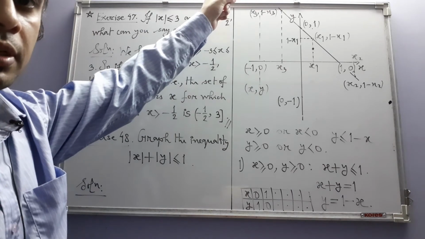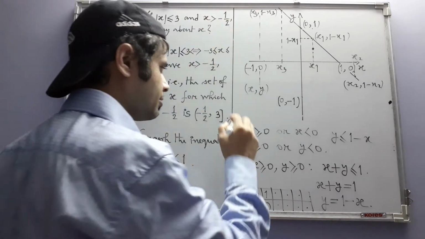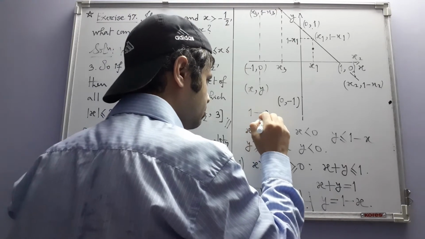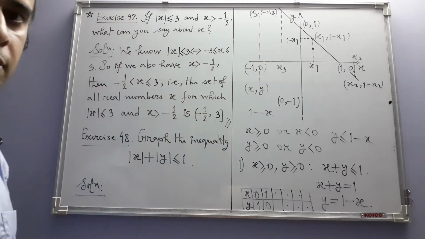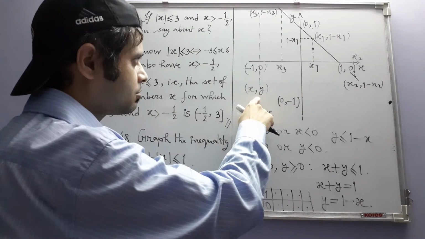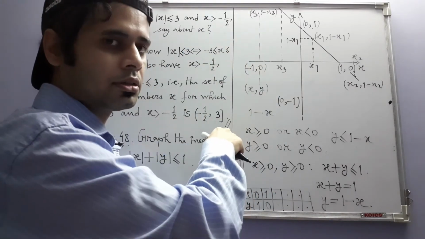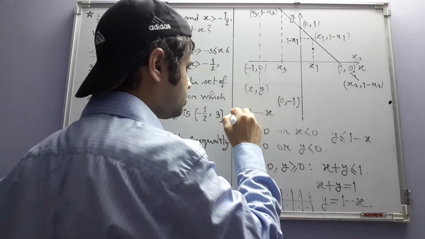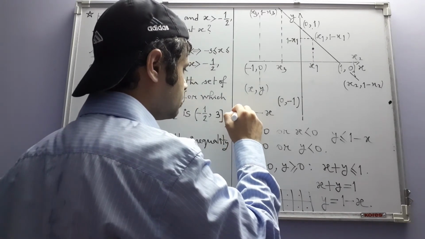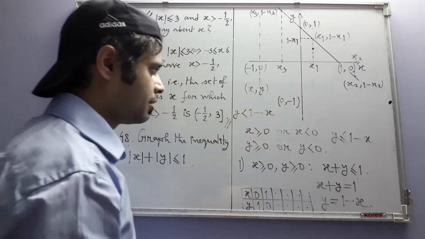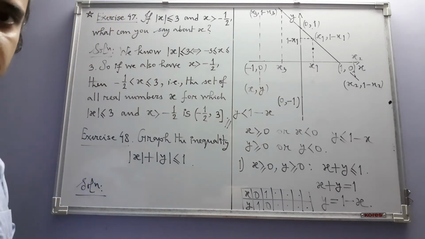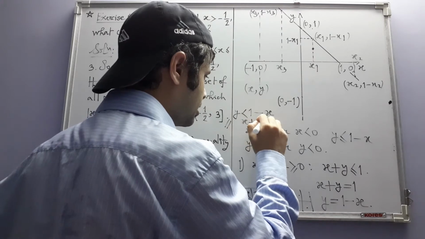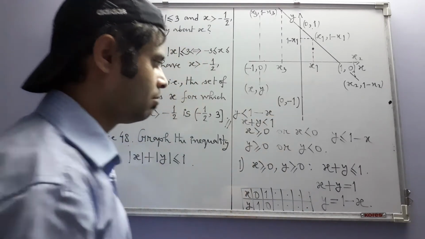That point has a y coordinate, and that y coordinate is exactly equal to 1 minus x. But our y coordinate is less than that y coordinate simply because it lies below that. So our y is less than 1 minus x, and that's why x plus y is less than 1.